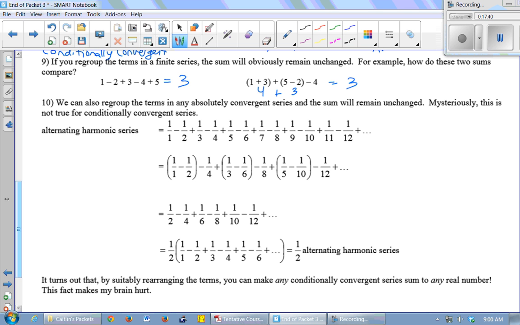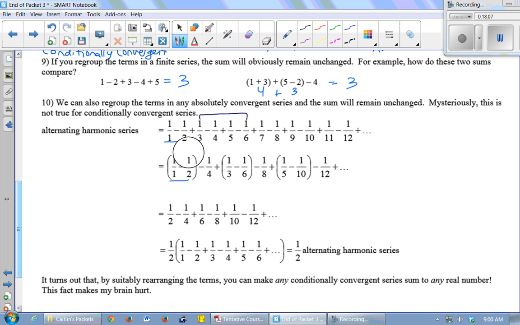But if we try to regroup the terms, I take my first two terms and they go here. And then I took my fourth and put it here. And then I have my third and my sixth and they came here. And then I brought my eighth down and then I did a fifth and a 10th.